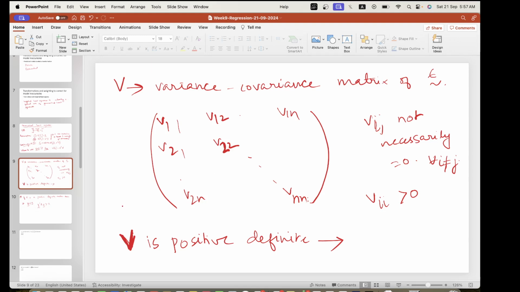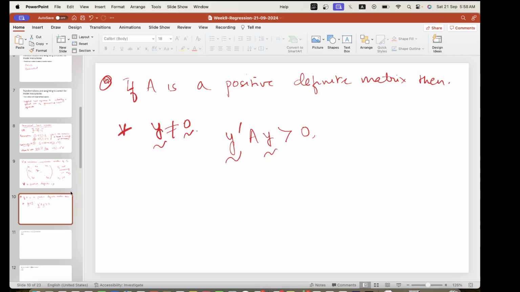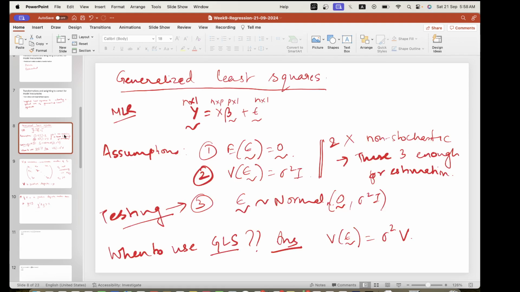When the variances of the errors are not equal, then we would get some generalized V, and then we have to see how to implement this V to get our estimates of betas.